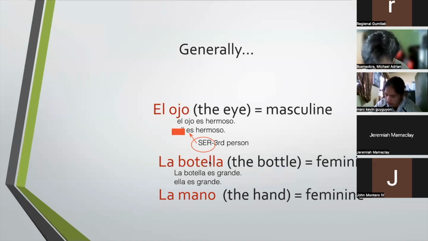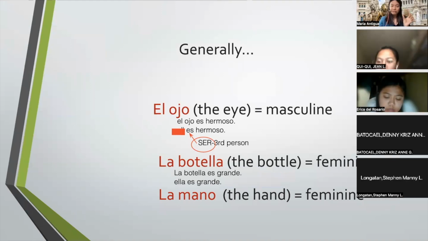When you're talking about la botella, use la or el only if there's a noun following the definite article, right? Dapat may kasamang noun yun. La something, la botella, el ojo. It cannot be without it. If without it, you use a pronoun. Because you cannot just say, the eye is big, the eye is beautiful, the eye is green. Diba? You say the eye is beautiful, it is big, and it is black.